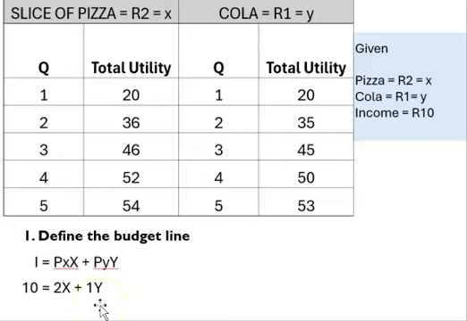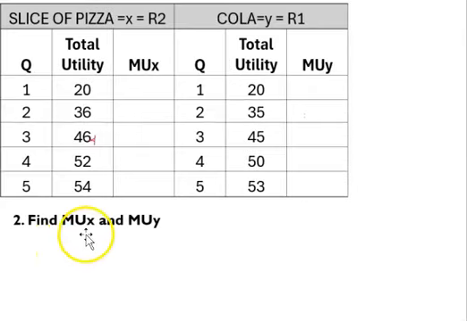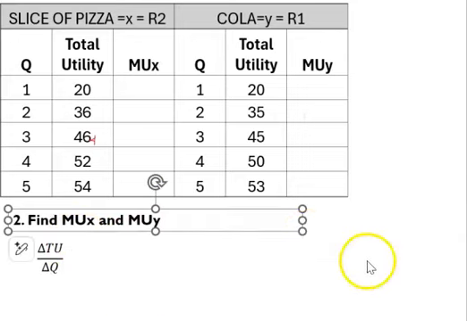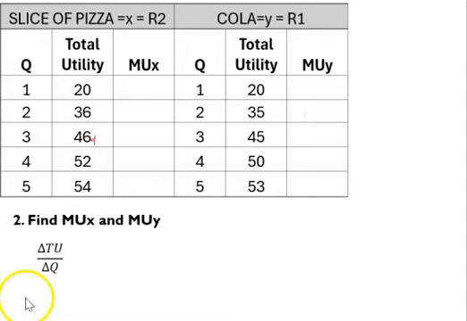The second step is to find the marginal utility of x and marginal utility of y. We know that marginal utility is change in total utility divided by change in Q. Let's first start with pizza. We can see here that at 20, that is our initial utility, so there is no change.